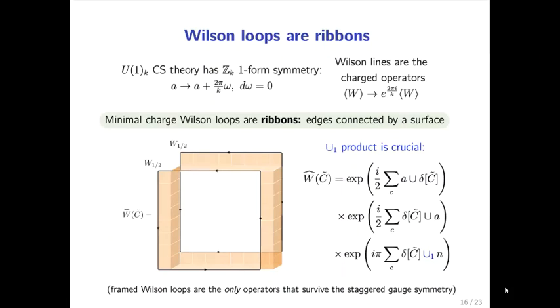So these cup 1 products are really crucial for us to be able to construct topological, well, we'll see that they're topological, but Wilson loops with the correct minimal charge under the one-form symmetry, which are still framed. Okay, and it turns out that these framed Wilson loops are the only operators that survive the staggered gauge symmetry. So there are no other operators in this theory.